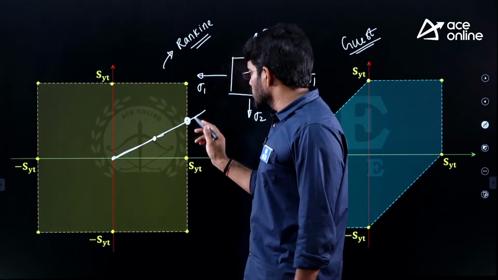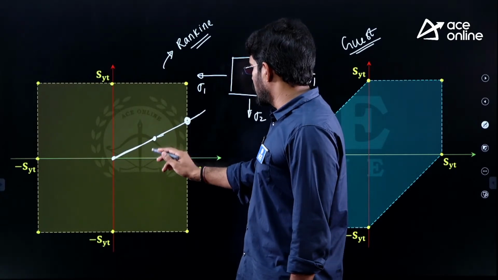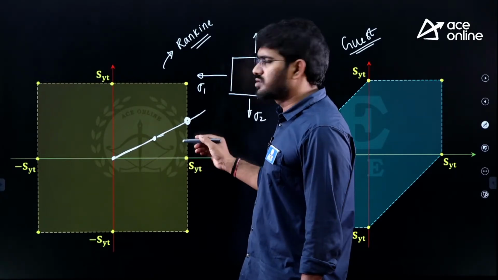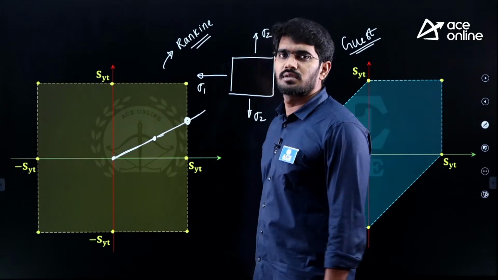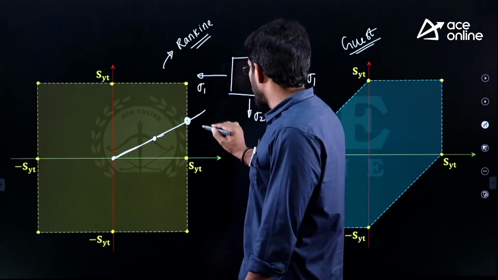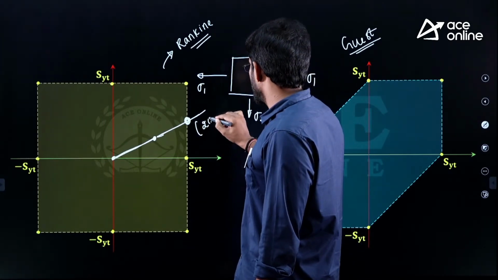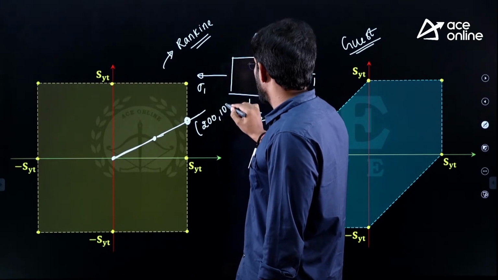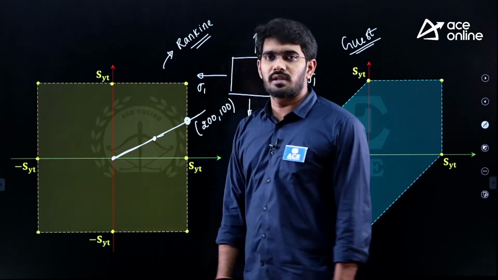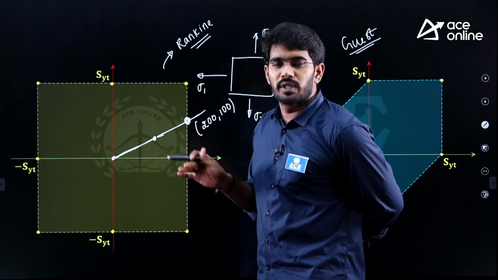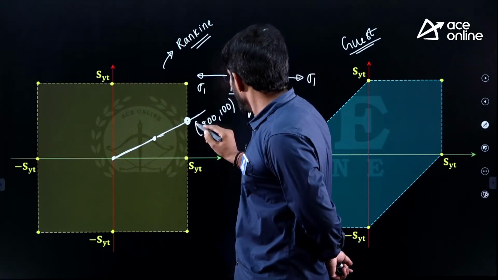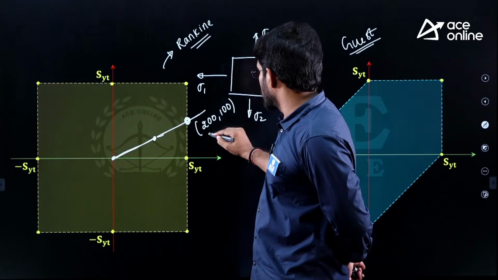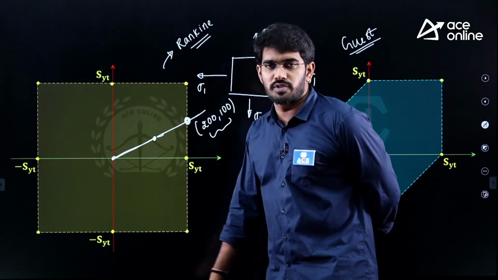Let me assume this is 200 and 100. So for this particular ratio, for this particular loading condition, you can only reach up to this particular state of stress.